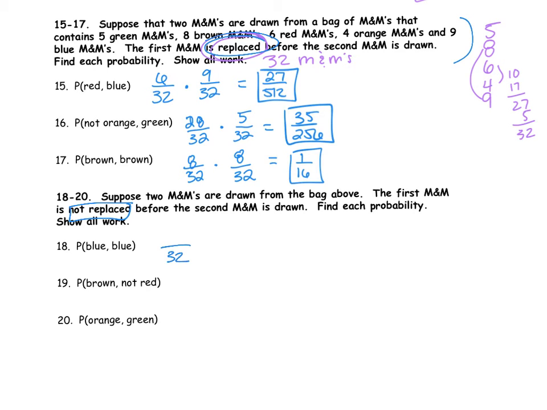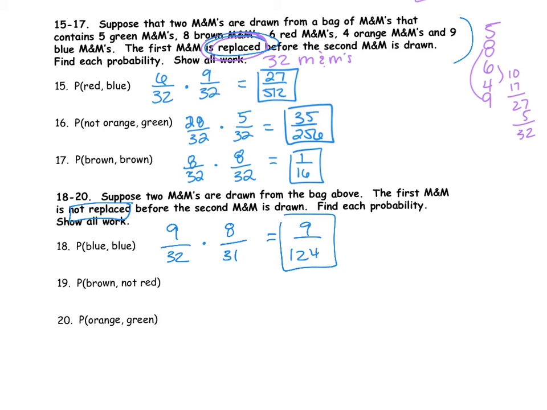So it's still out of 32. How many blue are there? 9. But because you took one of the blue out, it is now in your hand. Now there's only 8 blue in the bag and 31 total. So 9 out of 32 times 8 out of 31 gives us 9 out of 124 probability.